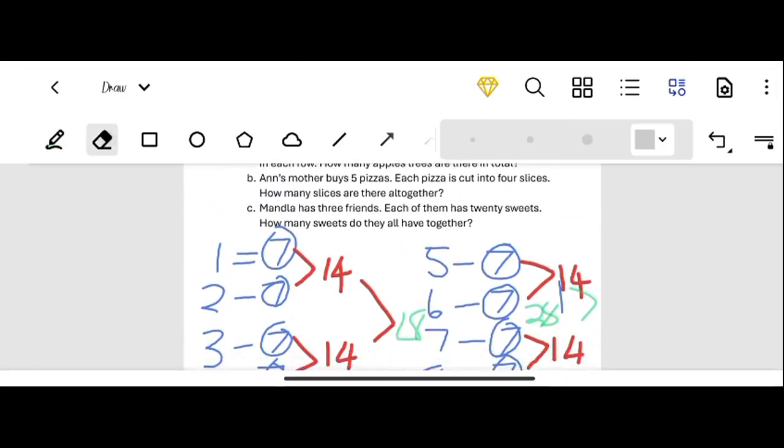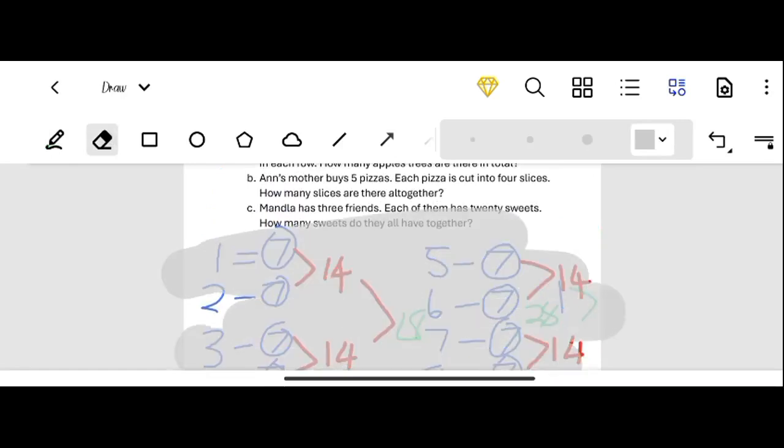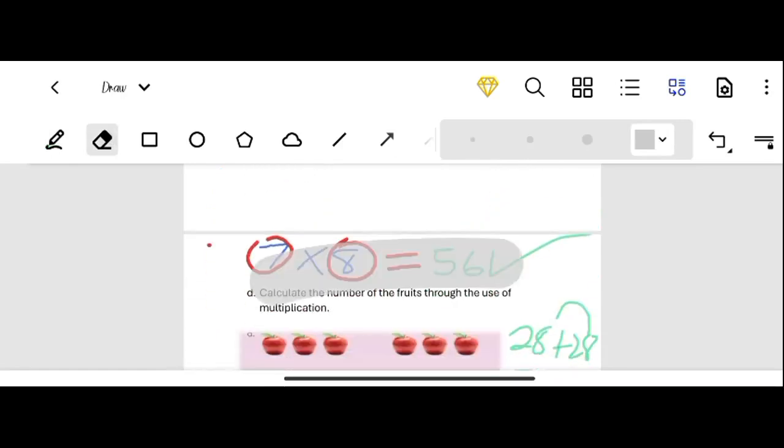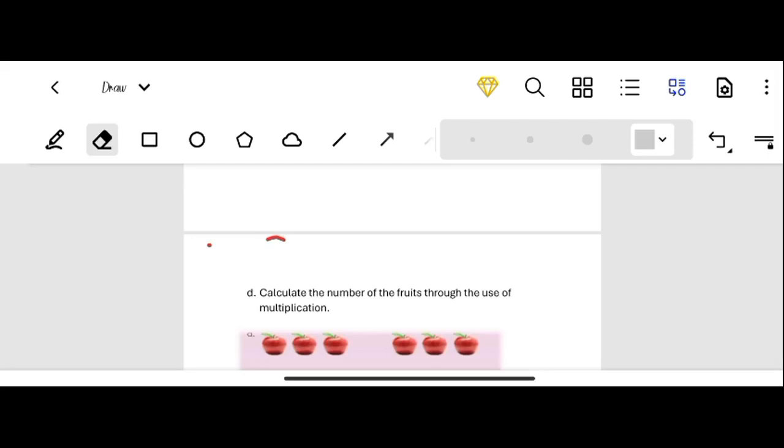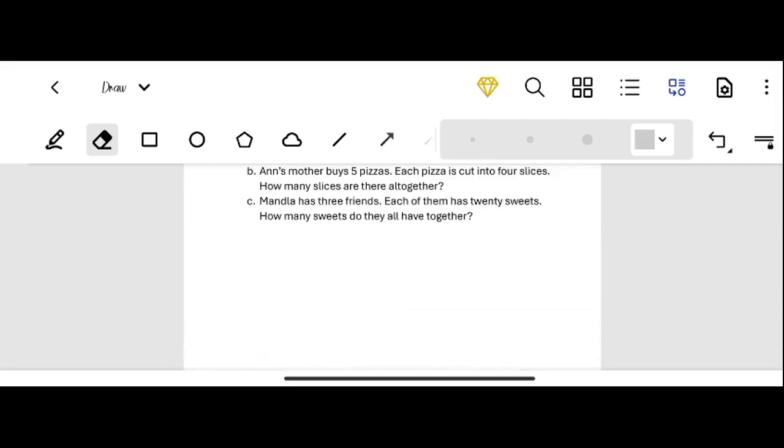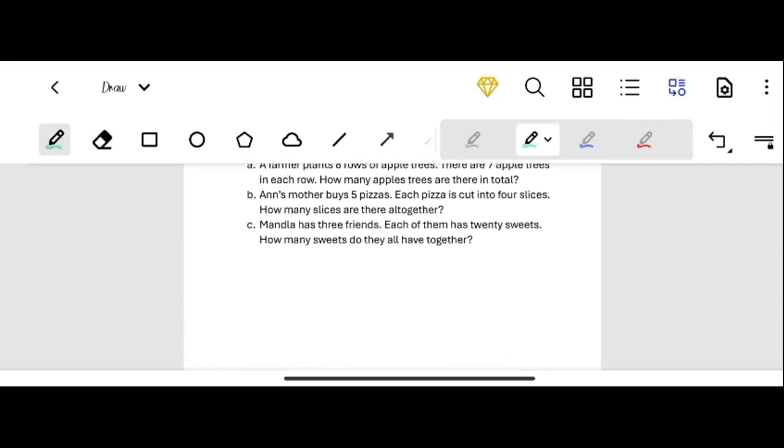Now we come to letter B. Let me cancel those so that we can have a proper space to work on. B says, Annie's mom buys 5 pizzas. Each pizza is cut into 4 pieces. How many pieces are there altogether? She buys 5 pizzas: 1, 2, 3, 4, 5.